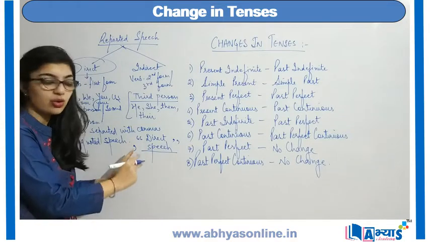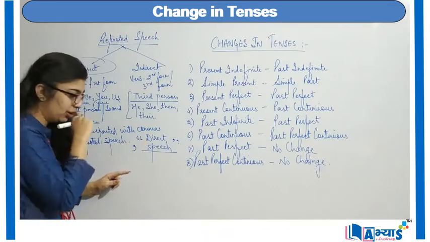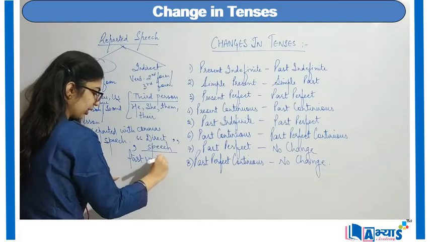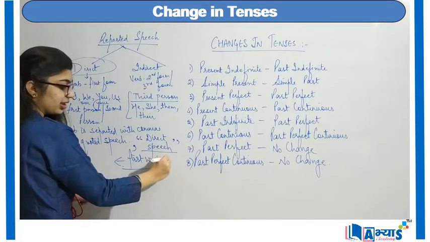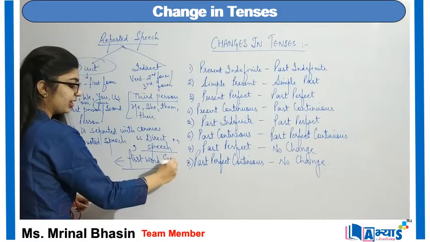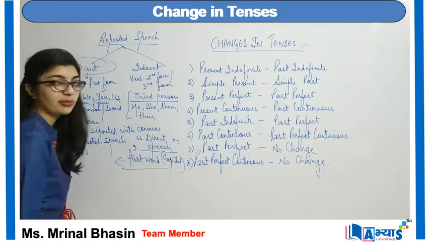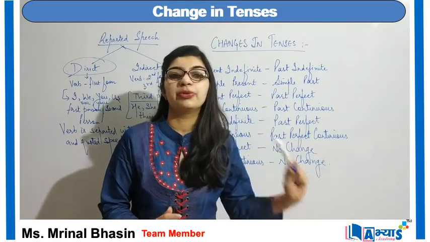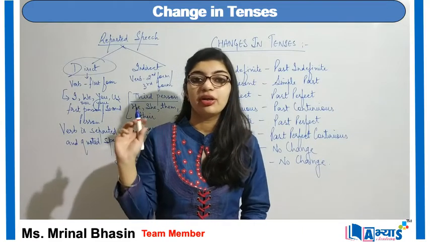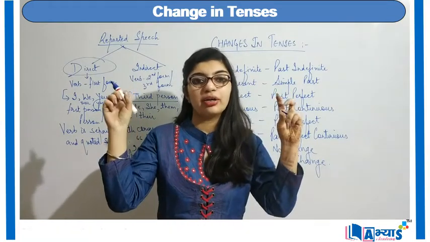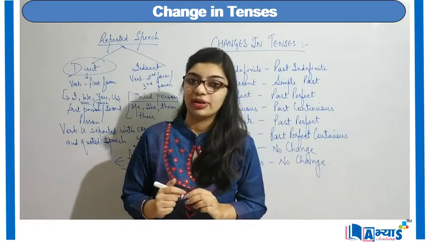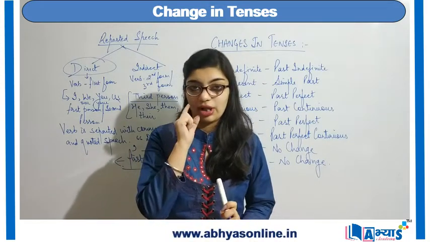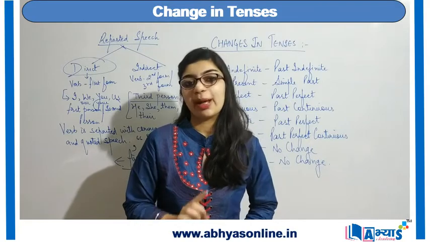And in double quotes, the first letter will always be in capital form. Example, I say, Rohan said, "You are a beautiful girl." Right? Now here, "You are a beautiful girl" will be in double quotes, and the word You will always have Y as a capital letter.